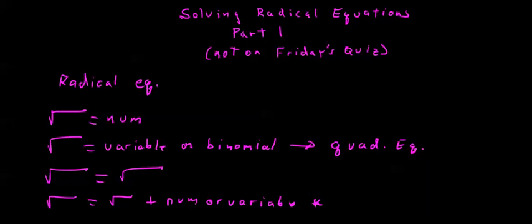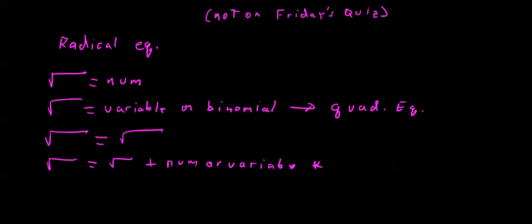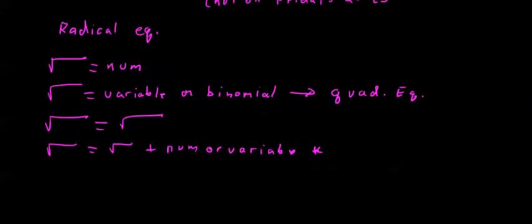When we solve quadratic equations, sometimes we have what's called extraneous solutions. Think of them as bad answers.